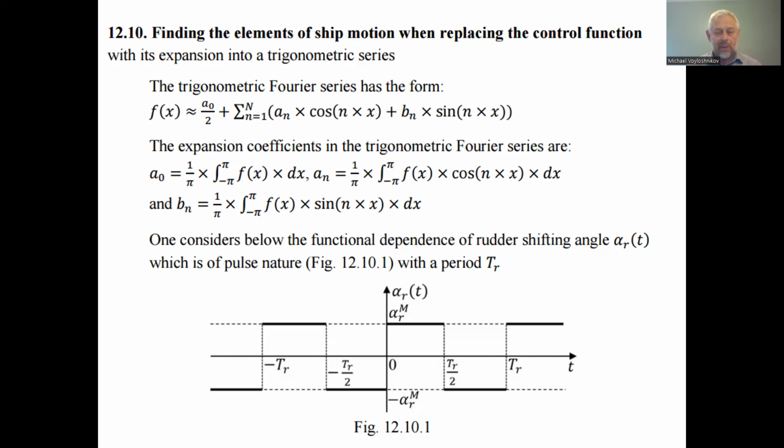The general type of the Fourier series we can indicate by the formula. This is the trigonometric Fourier series with the real number variable x, just x. We will use t next, but first just about any variable x. The Fourier series has the zero term, a0.